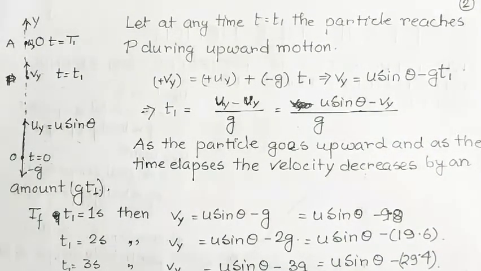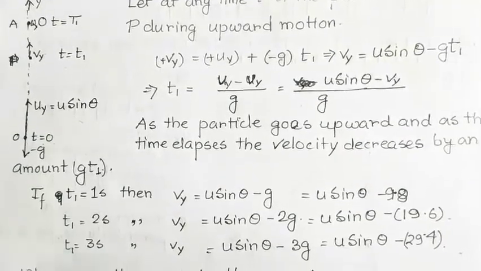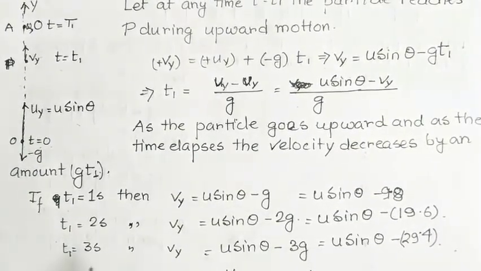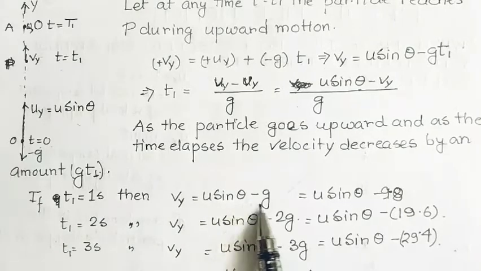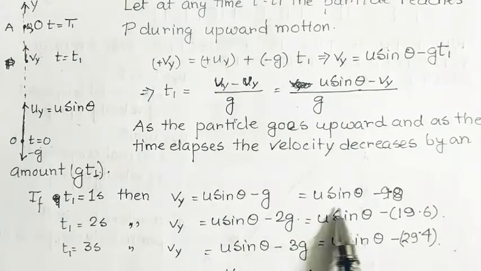If I take some values, say after completing the first second, what is the y component of the velocity? Vy equal to u sin theta minus g, that is, u sin theta minus 9.8.